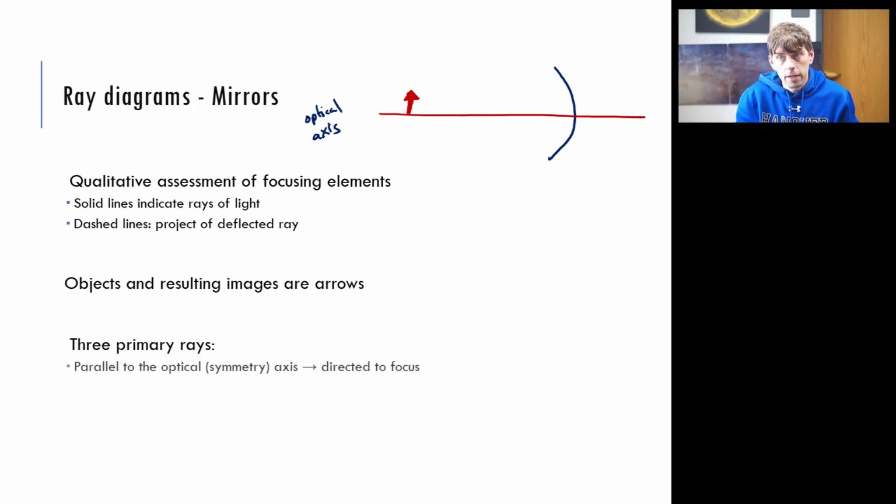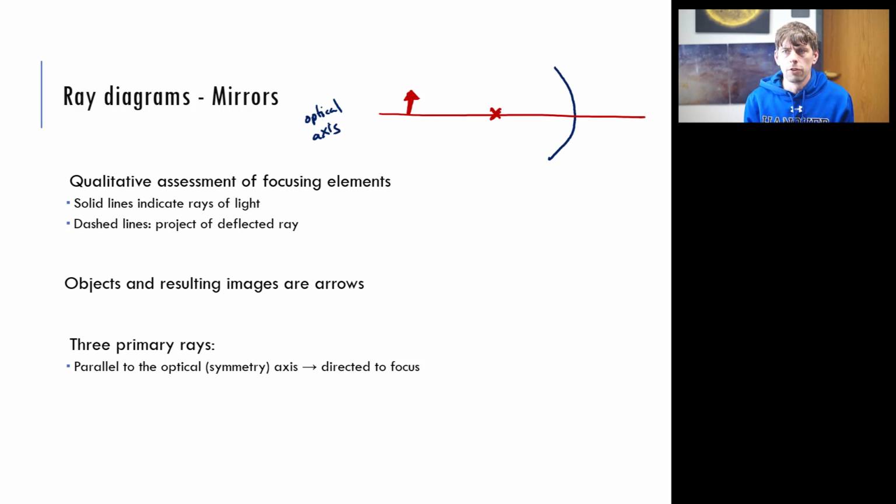The first one is the one that is parallel to the optical axis. And this ray, when it strikes the mirror, will be directed towards the focus. We saw that already, that we want to construct our mirror so that rays parallel to the optical axis go through the focus. Now, for sake of argument, I'll go ahead and say that the focus is right here.